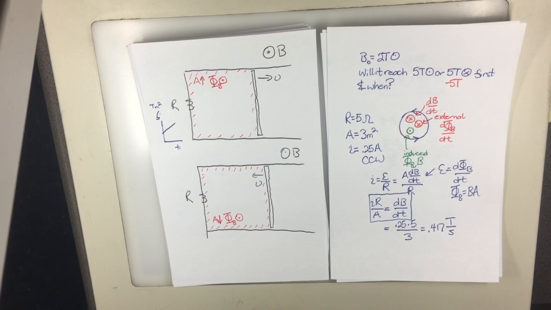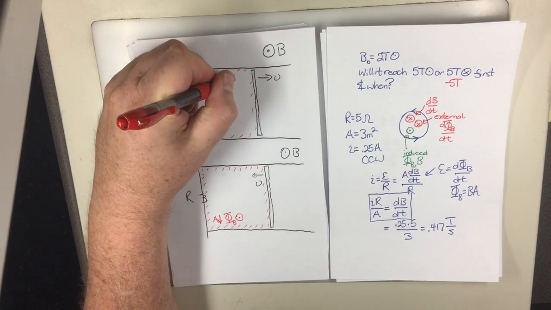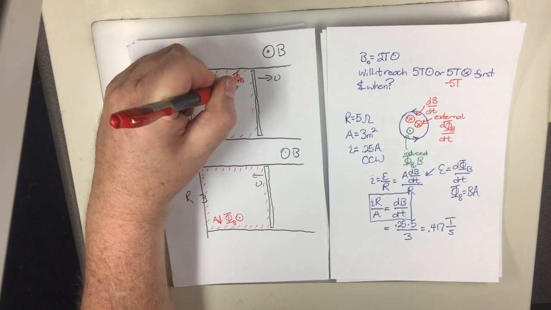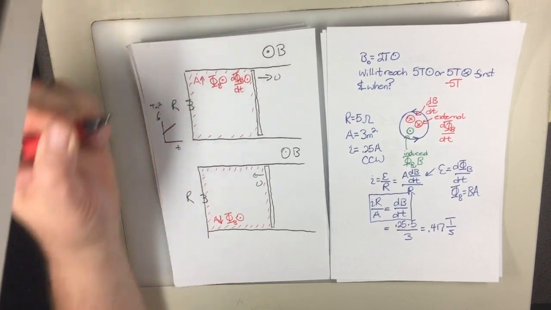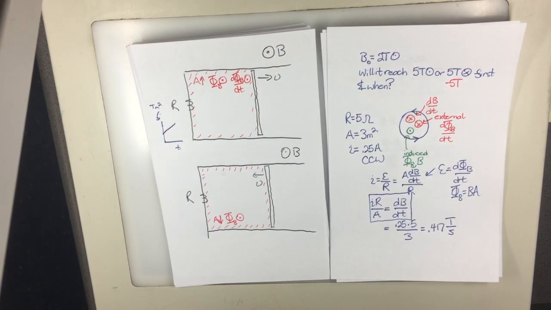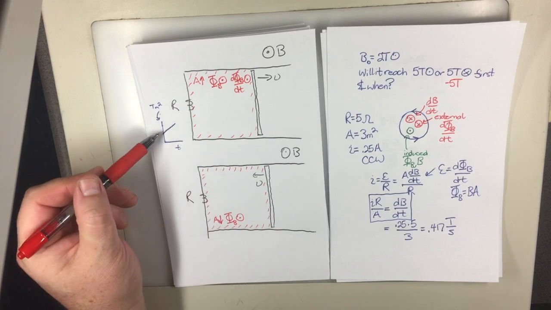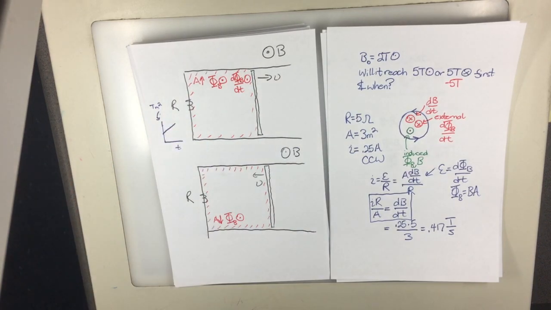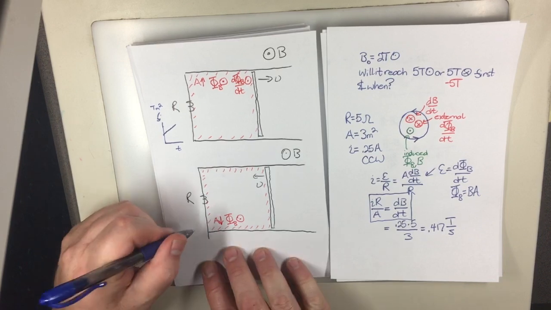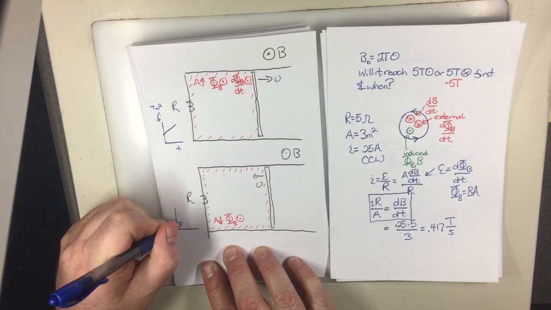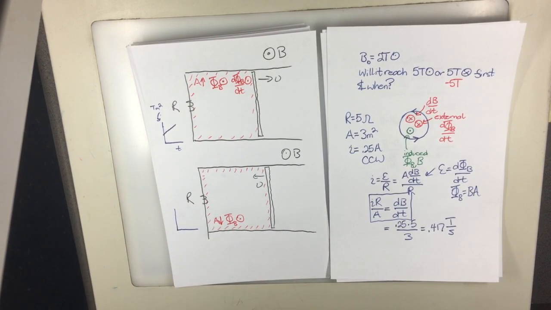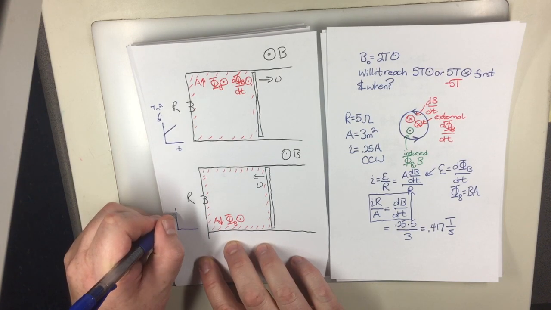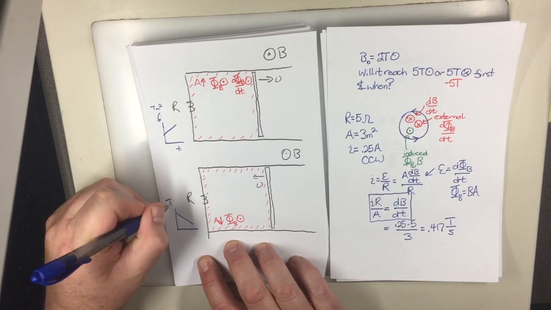which means that the change in magnetic flux is also out. It's positive. The slope of that line is positive, so that has to be positive. In this particular case, on the bottom, the area is getting smaller, which means that the magnetic flux coming through the window decreases, so the magnetic flux looks more like that.